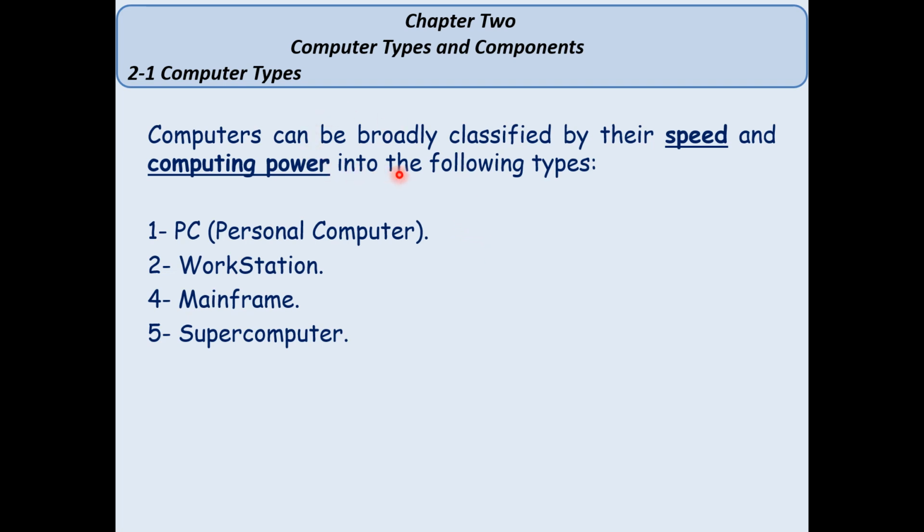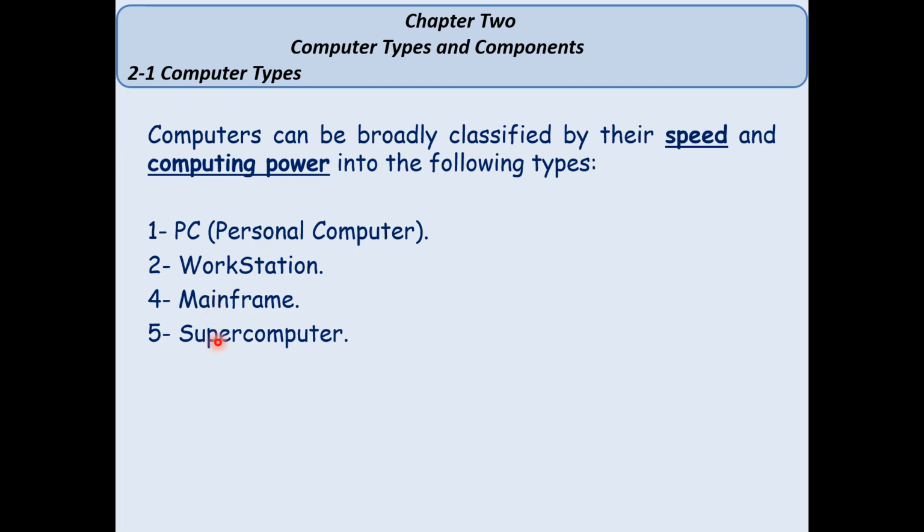But according to their speed and computing power, computers are classified into four basic classes: PC, which is personal computer, the computer I'm using right now, and your computers in your laboratories and at home or wherever. And we've got workstation, and we've got mainframe, and we've got supercomputer.